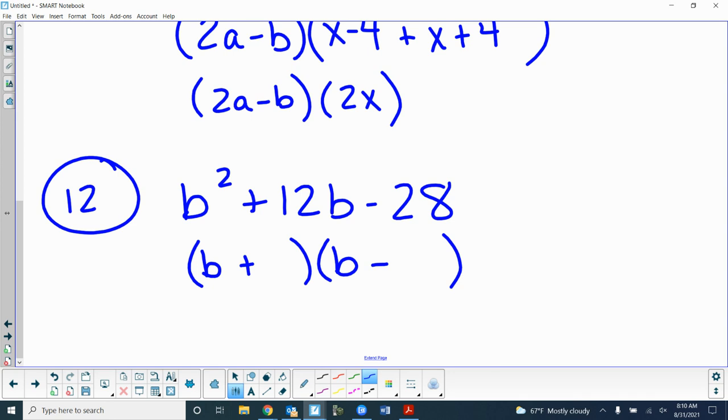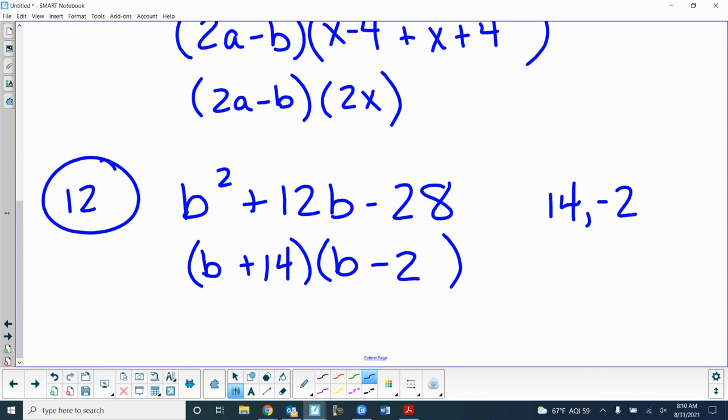So I'm looking for factors of negative 28 that add up to positive 12. Well, that is negative 28, but when I add those, oh, it is 12, isn't it? Yeah. Way to go, Hunter.